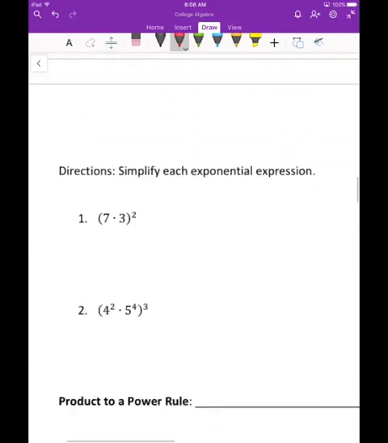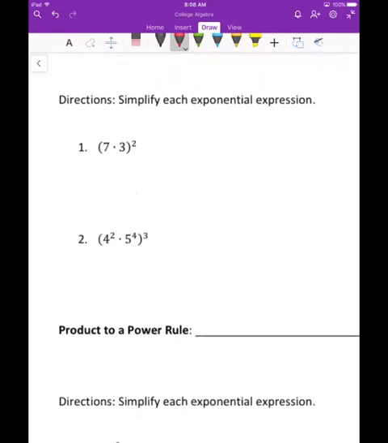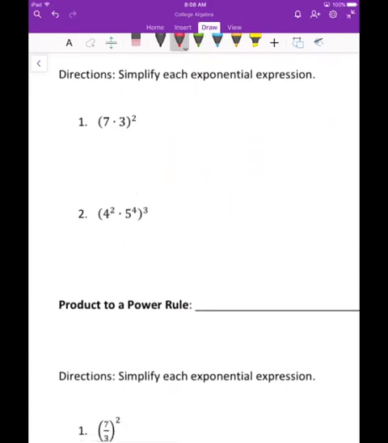So what if we had a product to a power? All right, what will happen in this case? So let's write this first one out again. So this base of 7 times 3, try not to actually go ahead and multiply those. We want to leave them as separate bases and see what happens. So if I leave those as separate bases and I square it, then I end up with 7 times 3 as my base, and it needs to get multiplied times itself twice.